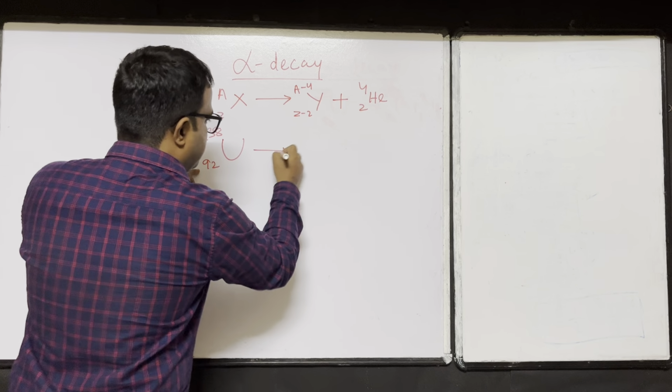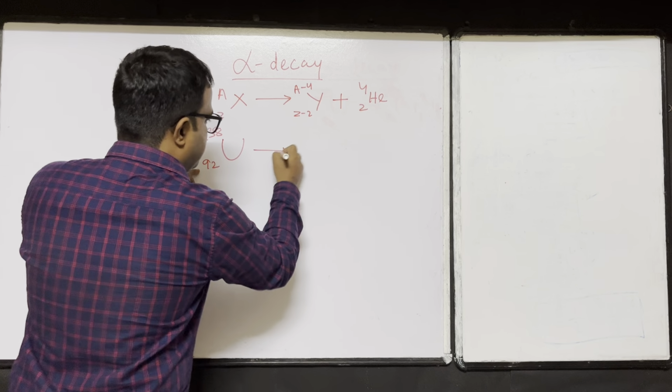That means the reactant, the left side energy, must be greater than the sum of the mass energy of the right side. Now suppose the mass of uranium 92 238 into c square is the mass energy. We know Einstein's mass energy equivalence, E equal to mc square.